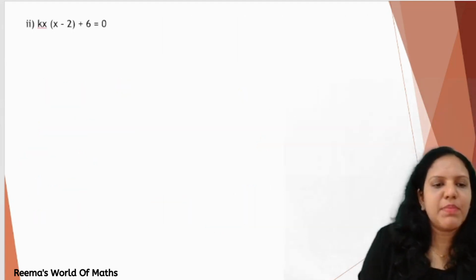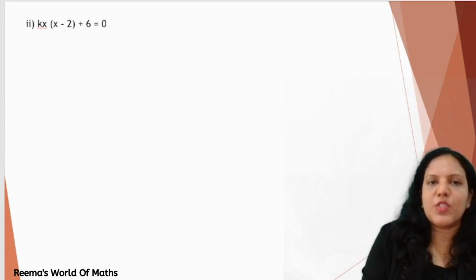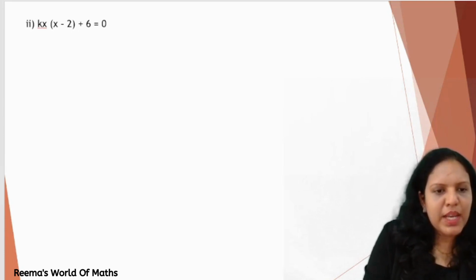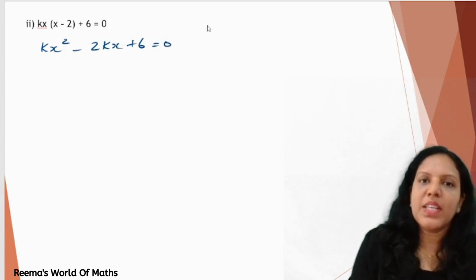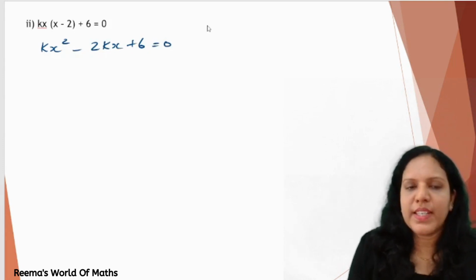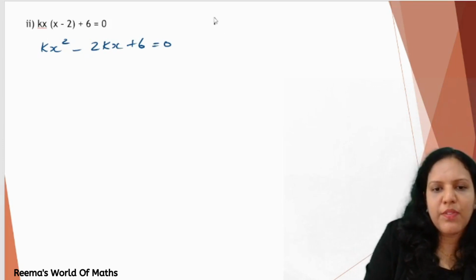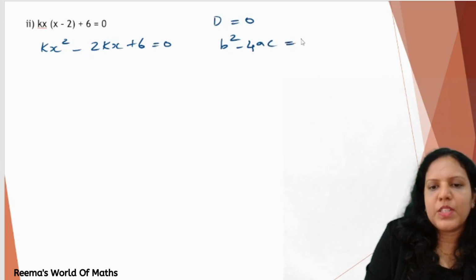Next question: kx multiplied by x minus 2, plus 6 equals 0. Let's remove the bracket. So that will be kx squared minus 2kx plus 6 equals 0. Now it is given that it has two equal, identical roots, so the value of D will be 0. So b squared minus 4ac equals 0.